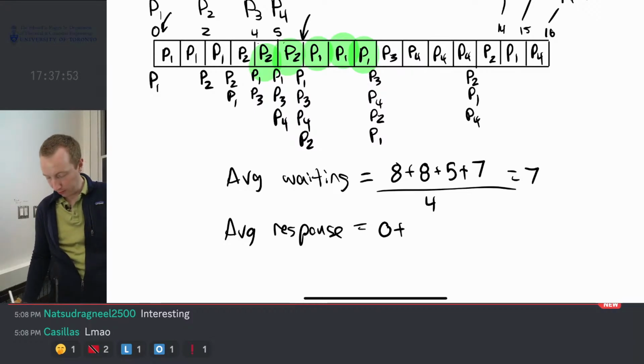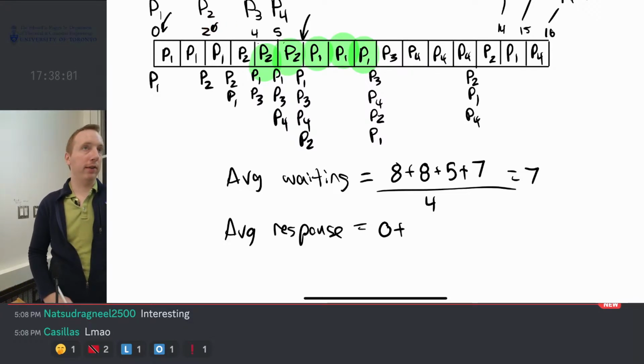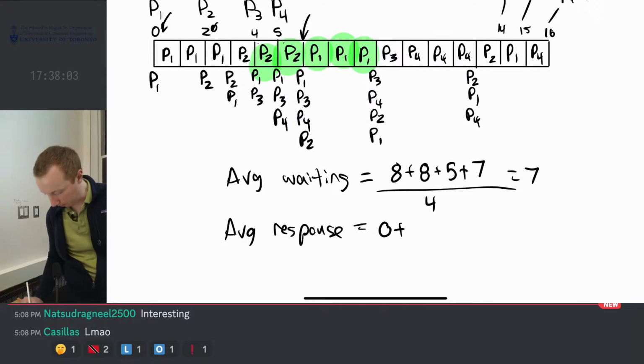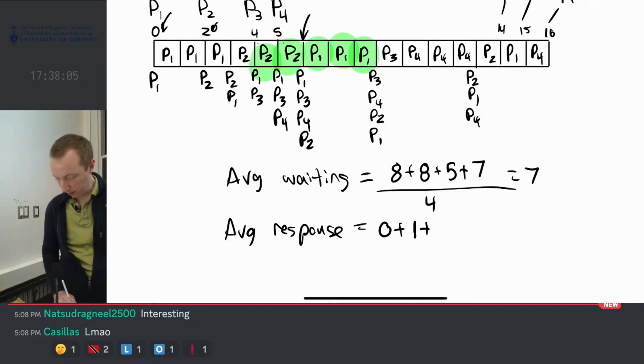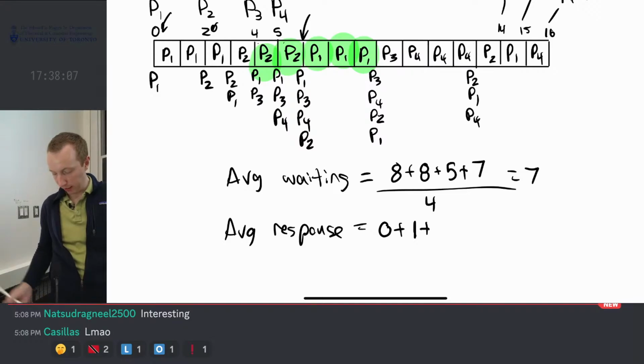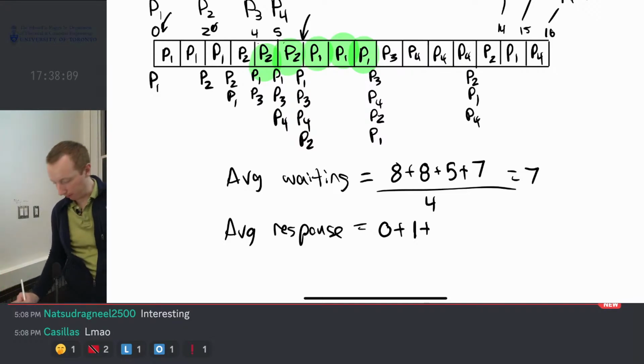For process 2, it arrived at time 2 and started executing at time 3, so its response time was 1. Process 3 waited around for the same 5 time units highlighted in green.